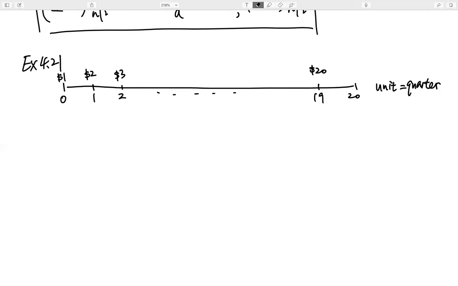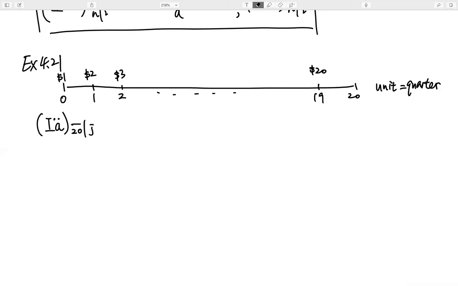The annual effective interest rate is 4%. So this is nothing but increasing annuity due for 20 periods. This 20 means the number of unit periods, right? Here we have 20 quarters, so that's why I put 20.